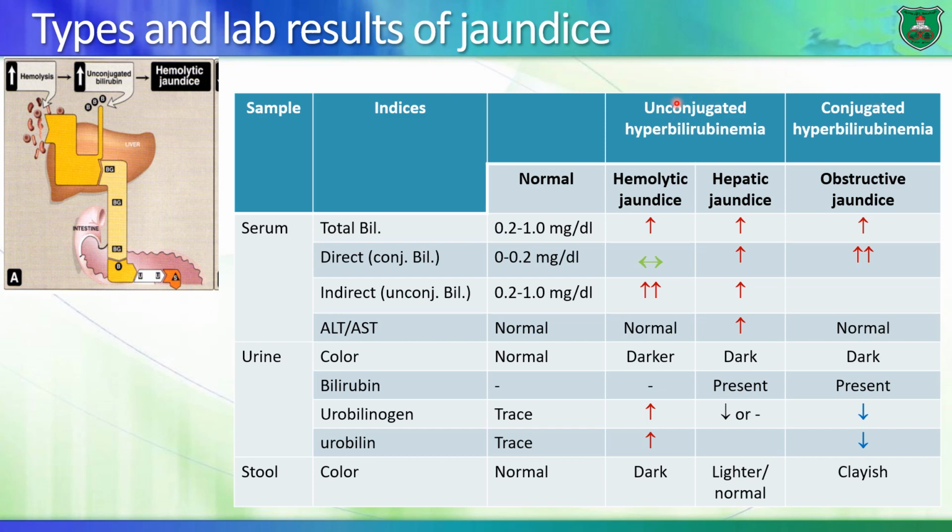So unconjugated hyperbilirubinemia can be caused as a result of excessive hemolysis. So you have a lot of lysing of red blood cells releasing a lot of heme. That results in a lot of heme being converted to bilirubin.